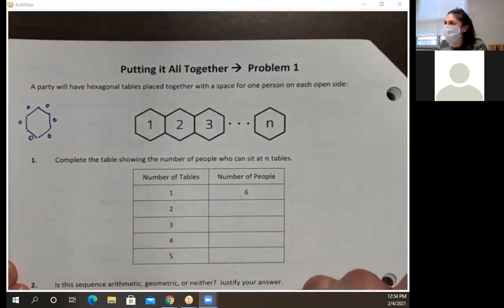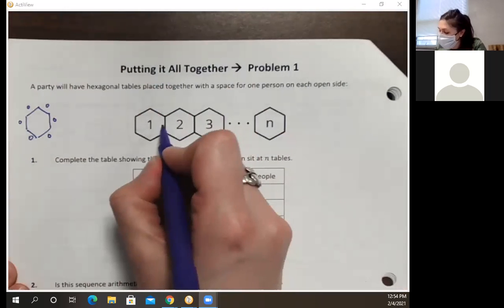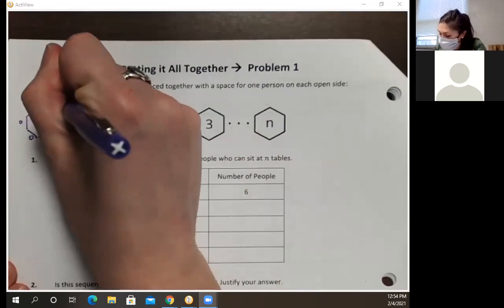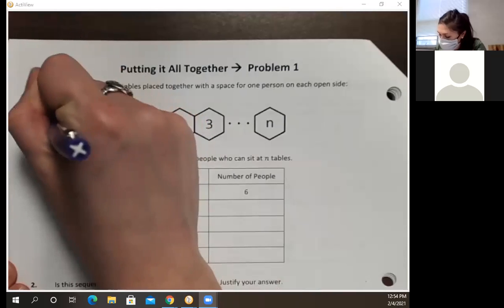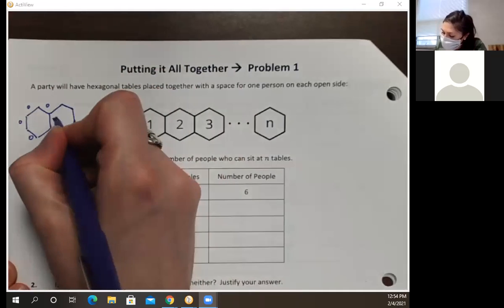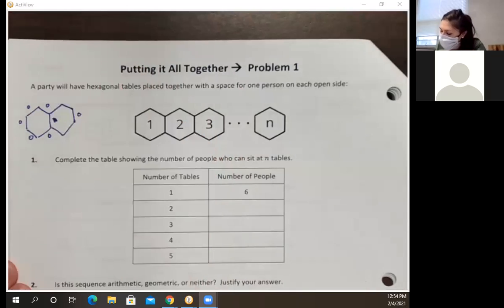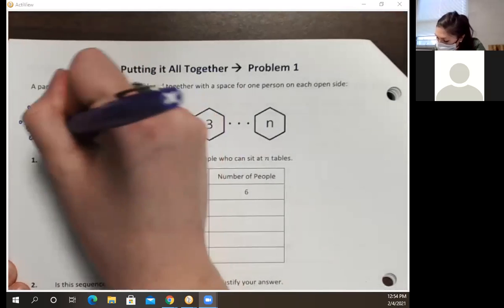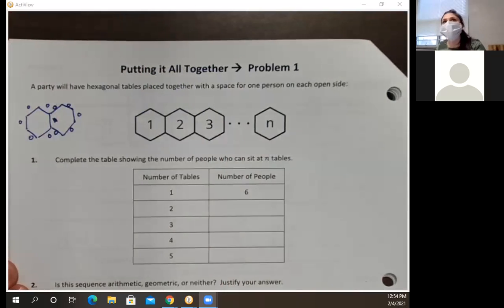If I add tables, I'm going to add them so that I have sides that meet together. So if I add a table, I would add it here. The person that was sitting here, I could just bump them out to the end on this side now. And then I could have more people sit at the additional open sides that I've got.